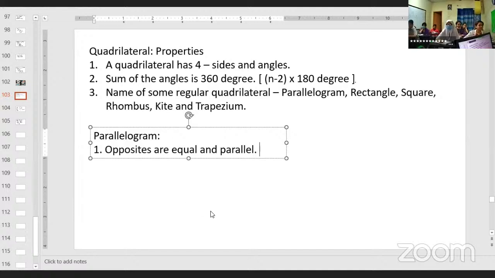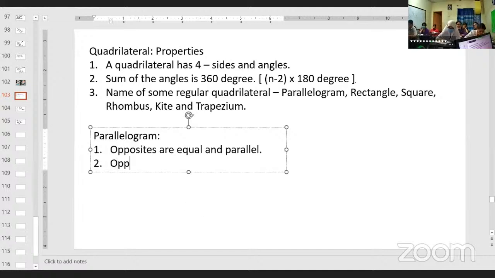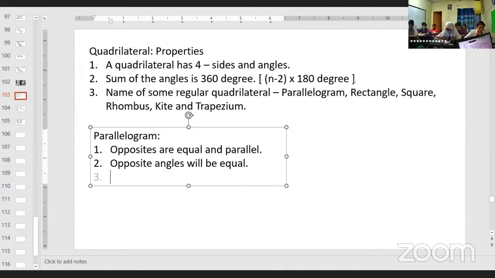Once it is a parallelogram, opposite angles will be equal, right? And angles adjacent to any side will be what?